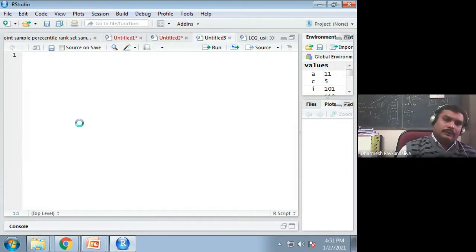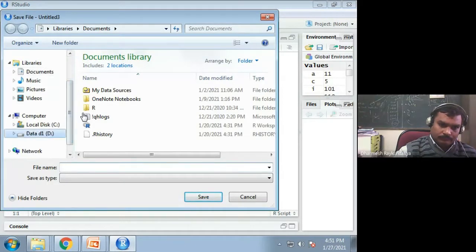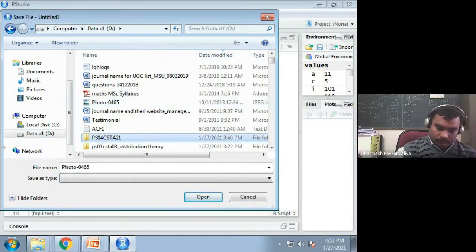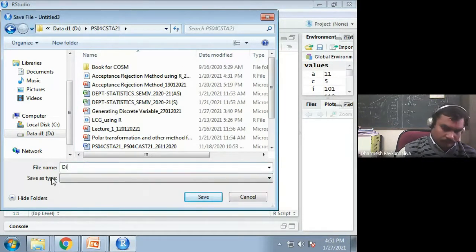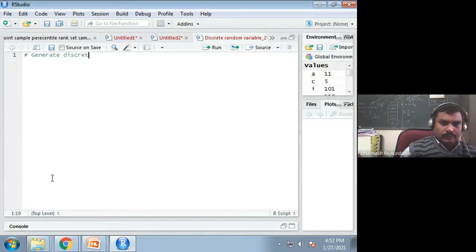We will save this file with the name discrete random variable. So the first problem is to generate a discrete random variable from a given PMF.